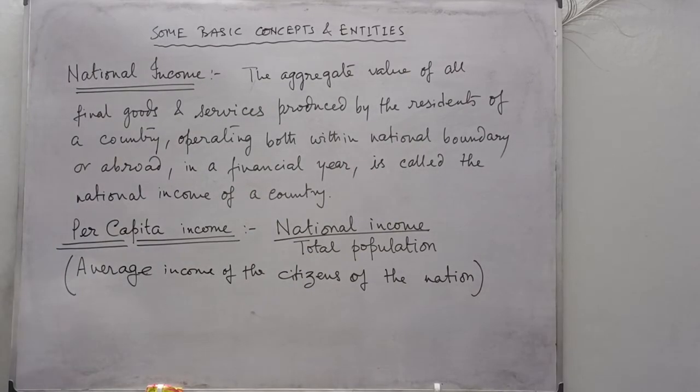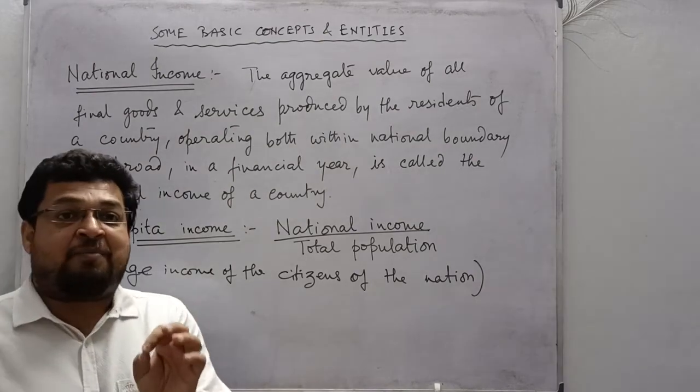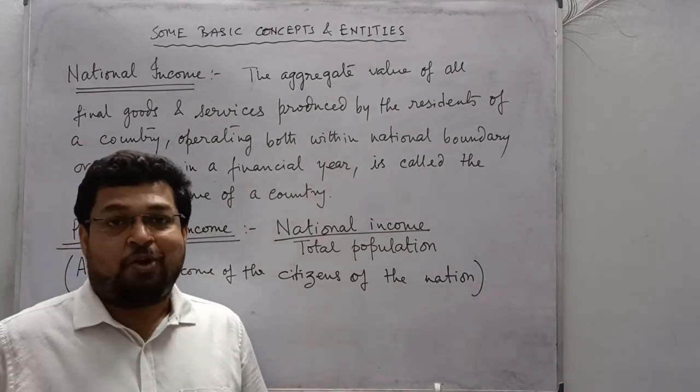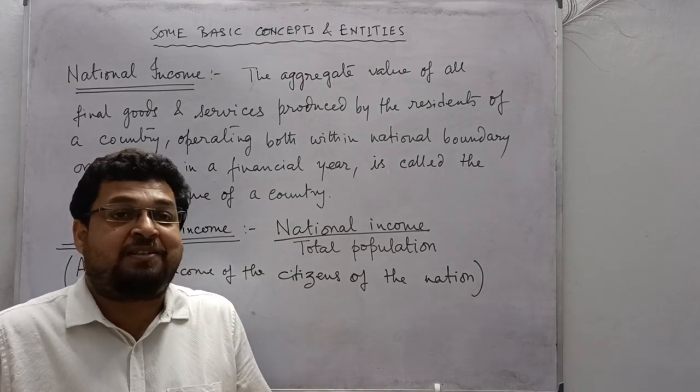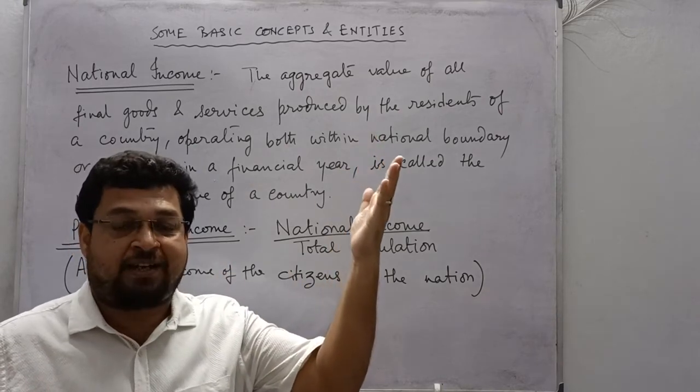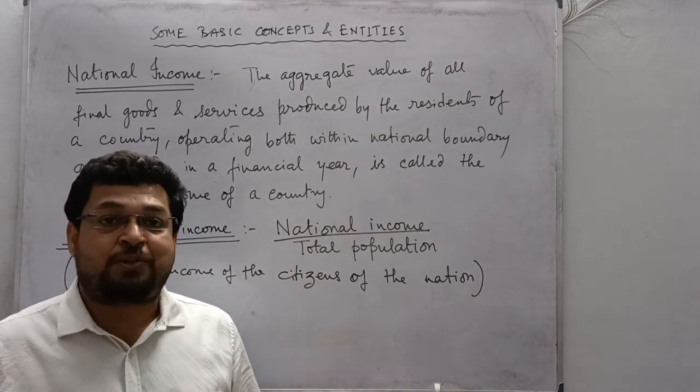Now, an important thing is, this average income or the per capita income is a very good and ready measure. You can know the average income. Developed countries have a per capita income that is quite high. In India, the per capita income is quite low.